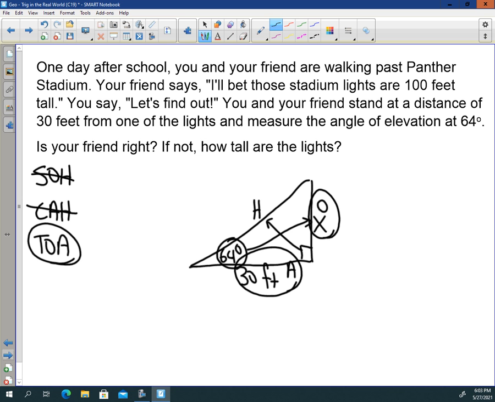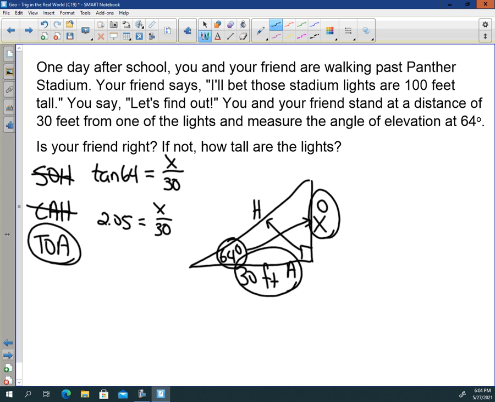So then we set it up. The tan of 64, the tangent of the angle is the opposite, which is x, over the adjacent, which is 30. And then we're ready to solve. Tan of 64 is punchable into a calculator. 64 tan, 2.05 equals x over 30.